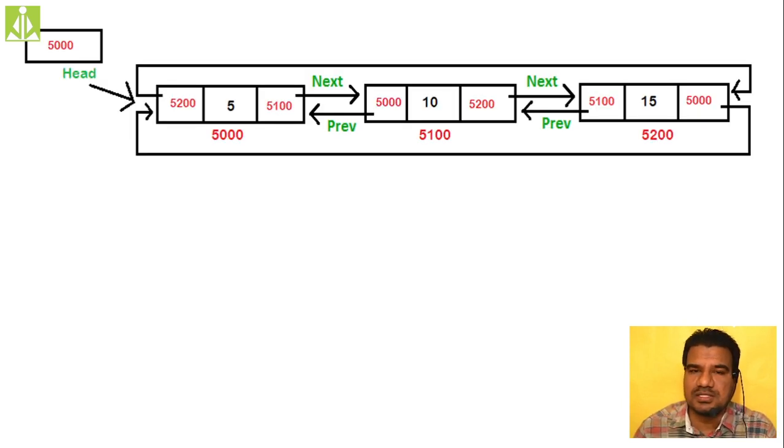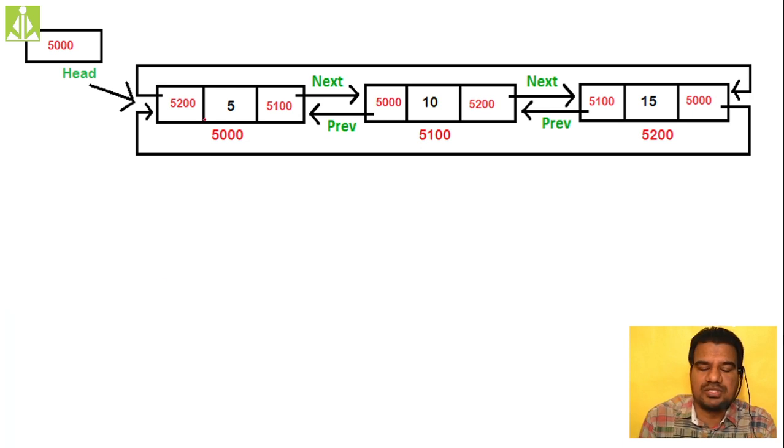So this is the simple graphical representation of a circular doubly linked list, because it is a more complex concept and it is the highest level of data structure in our discussion. But I'm taking the addresses as well to have clarity. As you can see over here, the first node's address is 5000, isn't it? The first node's address is 5000.